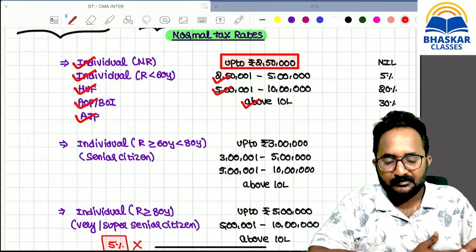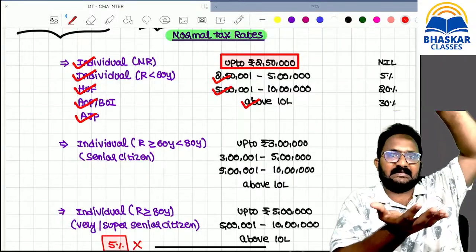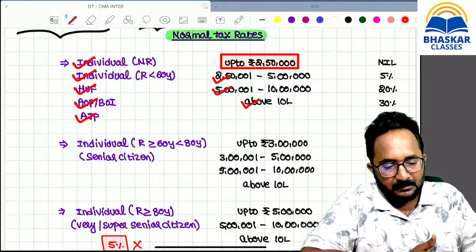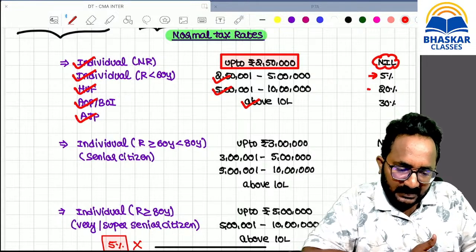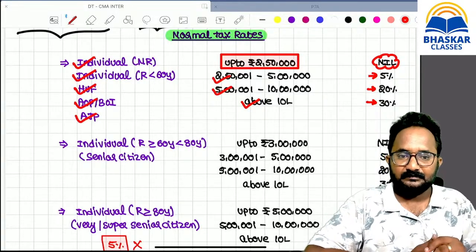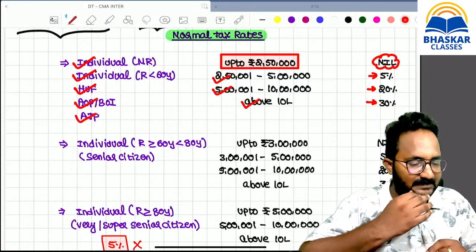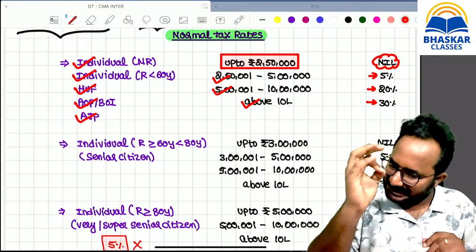With every slab the tax rate increases. Below 2,50,000 nil. Next slab 5%, next slab 20%, next slab 30%. So 5, 20, 30.